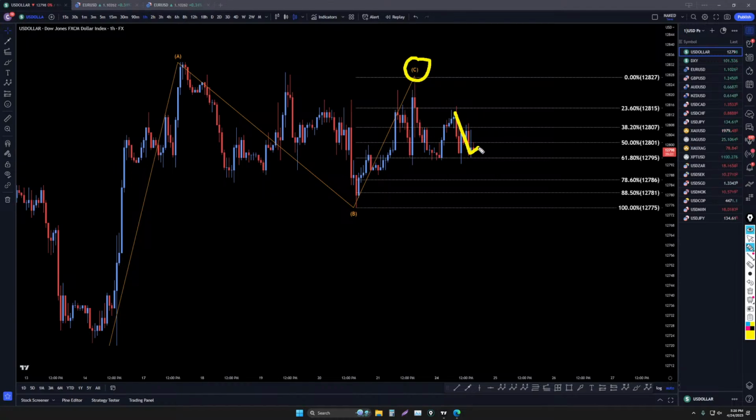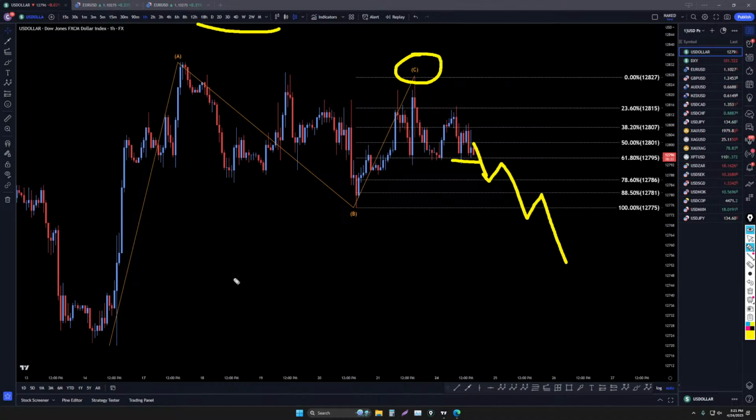If this doesn't start trending like pretty much yesterday, then that's going to invalidate the idea of this being a wave C. Honestly, with this three-way pattern down, I'm starting to think that it's probably not the end of a wave C, so I'm not really convinced that this is over yet. Now, if it does go down, if it starts breaking out structure, if it makes impulsive and corrective movements, then I will say that that probably is the end of a correction, and it probably is going down.